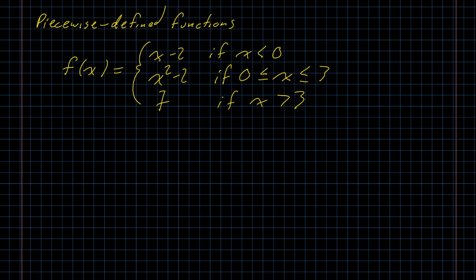F of x is x minus 2 if x is less than 0. F of x is x squared minus 2 if x is between 0 and 3. And f of x is 7 if x is greater than 3.